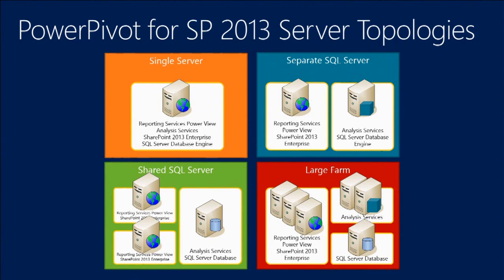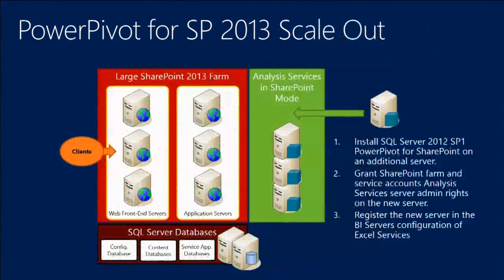And you just register them in the ECS configuration. By the way, when I say ECS, I mean Excel services. It's Excel calculation services correctly. And ECS uses all these servers happily, distributes the load. And it's also easy to scale out. Because scale out means now that you just add another AS server.